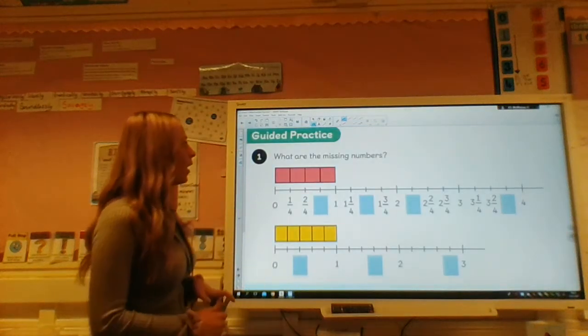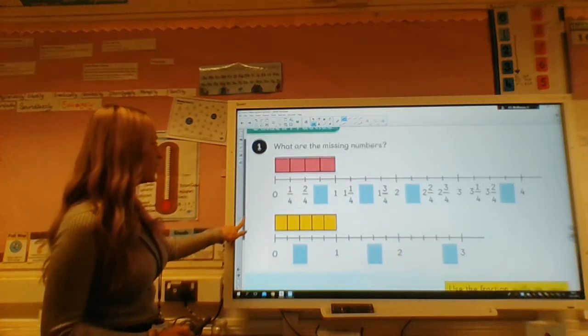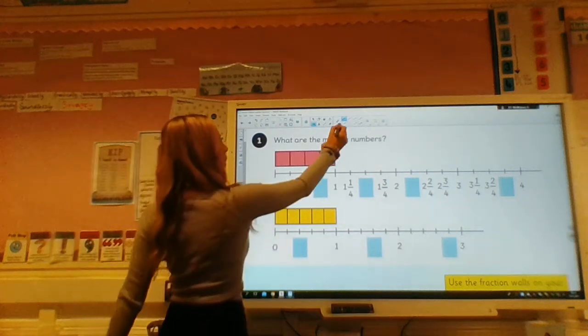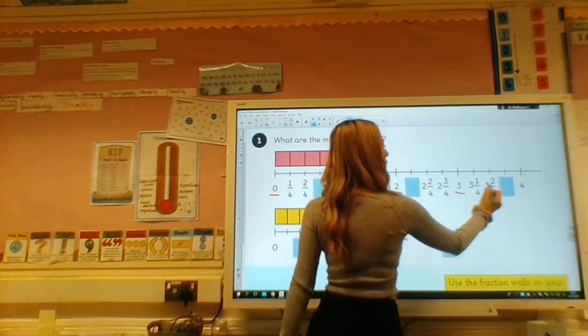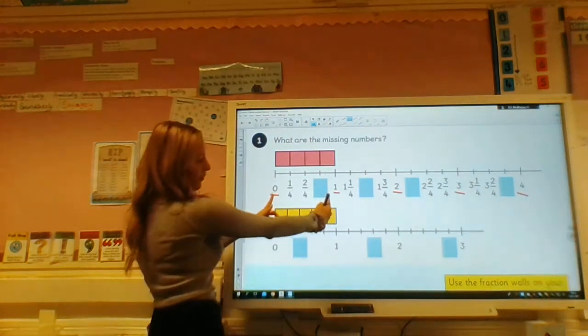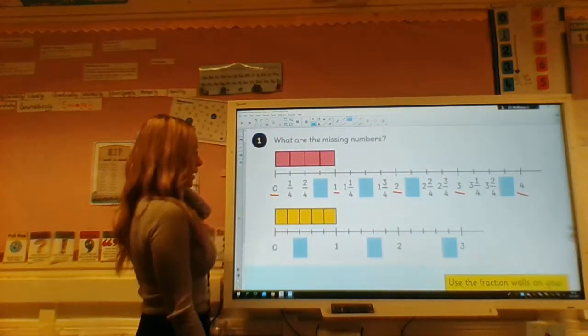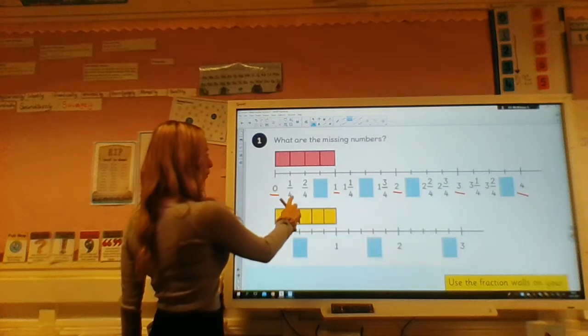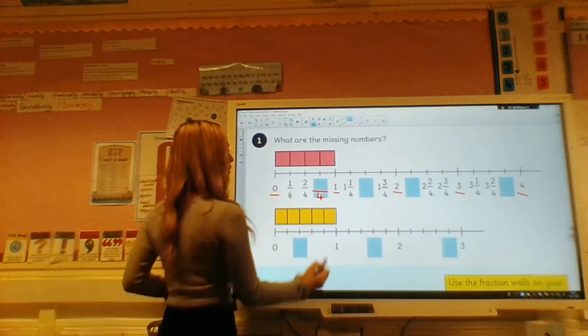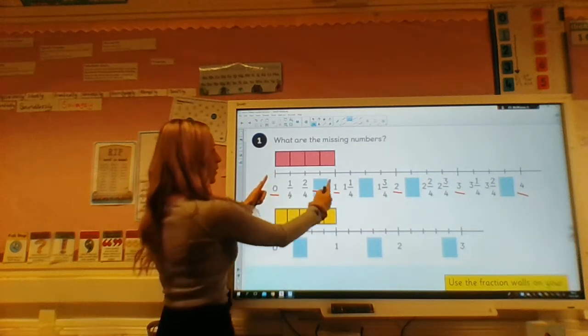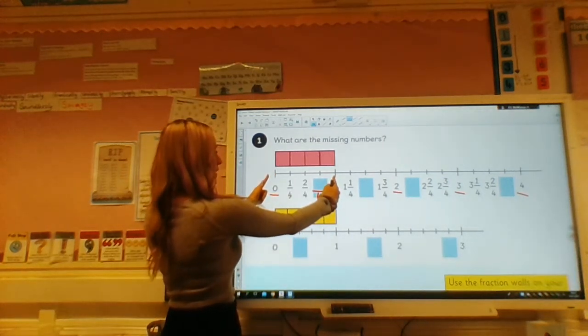Okay, so it says here, what are the missing numbers? So we need to look on the number line. Let's look at the whole numbers first. We've got 0, 1, 2, 3, and 4. And then we've got the fractions in between the whole numbers. So if you look at the denominators here, it's 4, 4. So the denominator here must be 4, because what they've done is, between 0 and 1, they've split the number line into 4 parts.